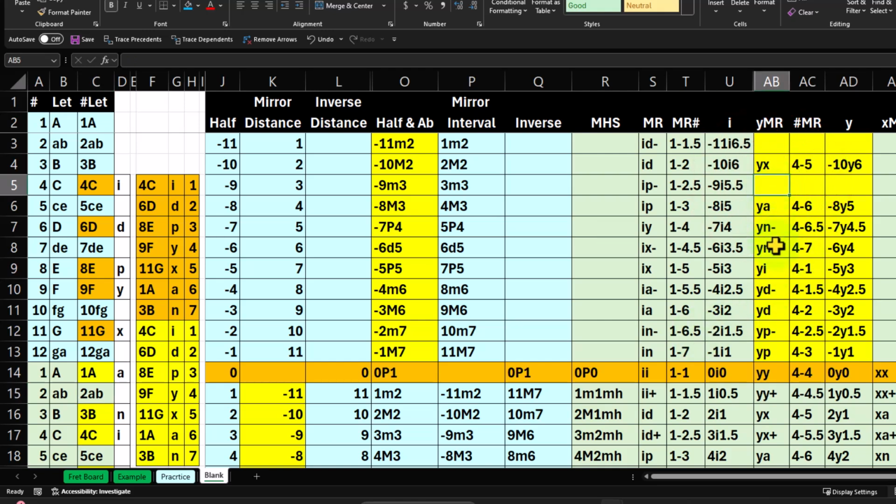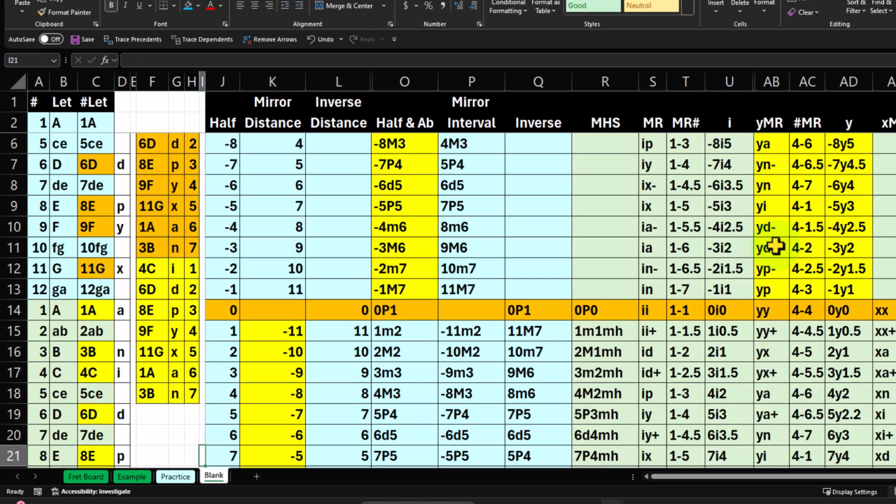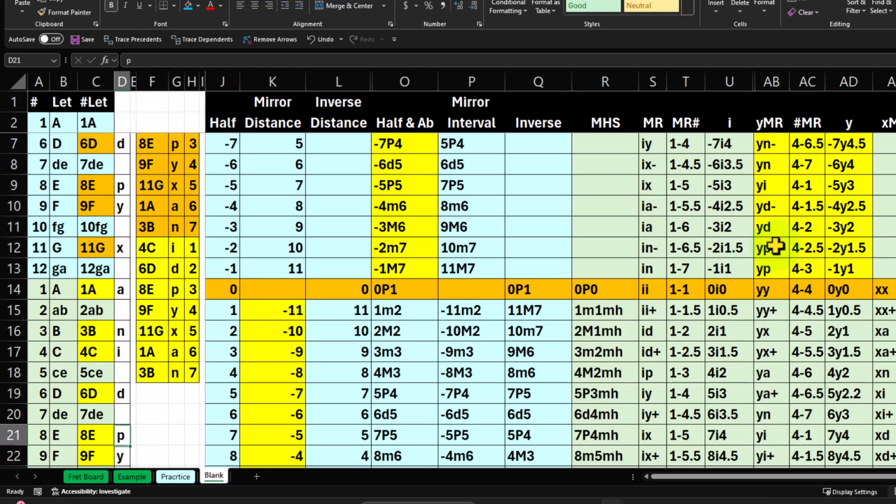So now we're going to say this is going to be a YA negative. This is going to go from the 4 to the 4.5, which would be 6 minus 0.5, or 5 minus 0.5 up top. This is going to be a negative 9Y and then 5.5. So if I go 9 up from the Lydian, we go 1, 2, 3, 4, 5, 6, 7, 8, 9.